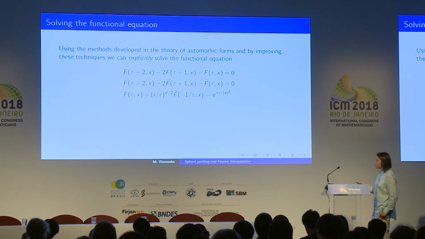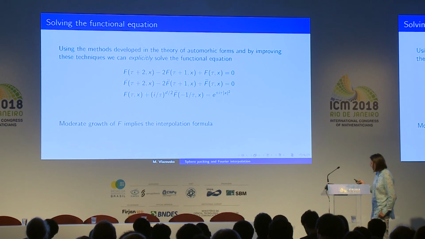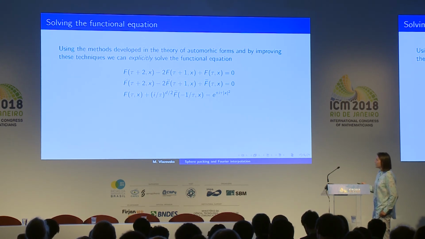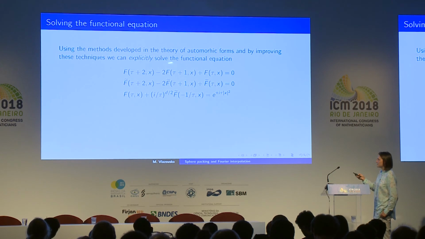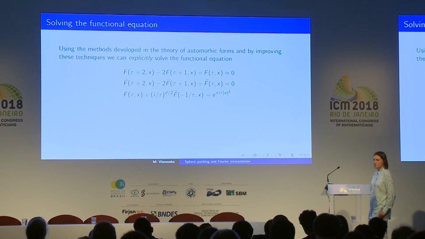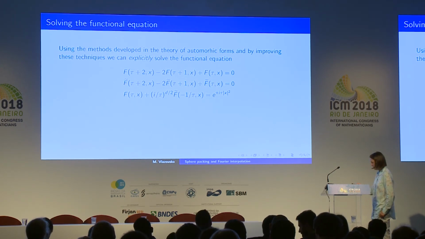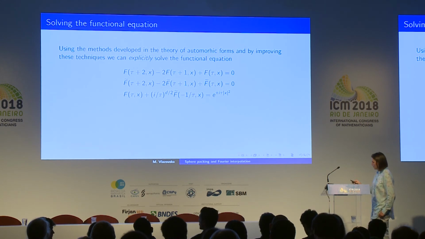We can do so, again, by using a technique from the theory of modular forms, at least that's what we found. We did not find a theory which exactly fits this somewhat more complicated situation, so we also had to invent our own new technique. However, we were able to do so.